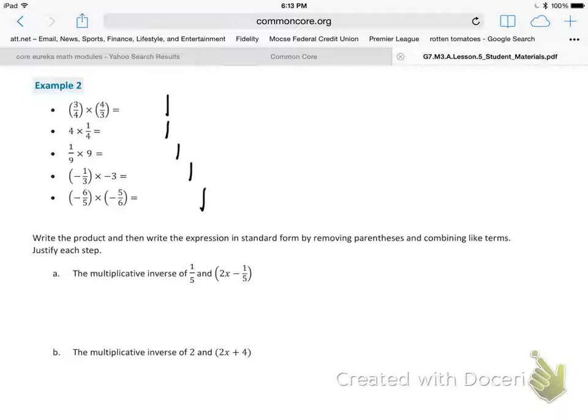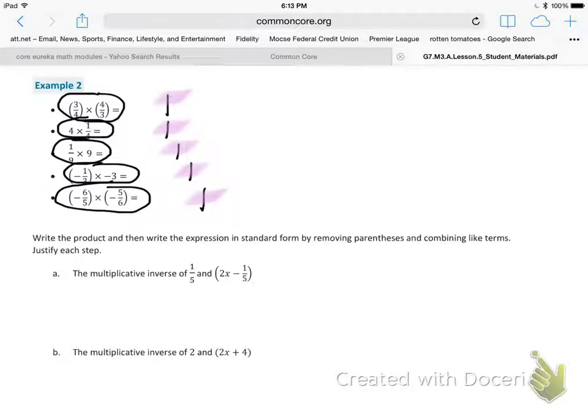Well, that probably wasn't so hard, was it? Anyway, yes, of course, everything here equals 1 whole, because we are multiplying what? What are these pairs of numbers called? 3/4 and 4/3, 4 and 1/4, 1/9 and 9, negative 1/3 and negative 3, negative 6/5 and negative 5/6.